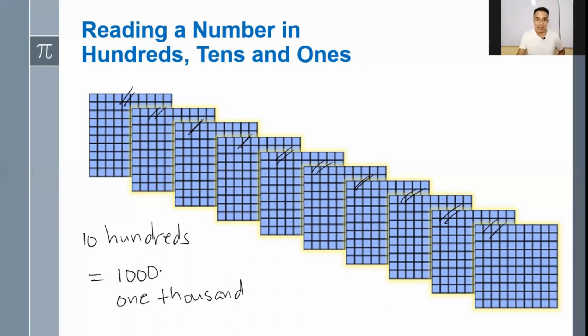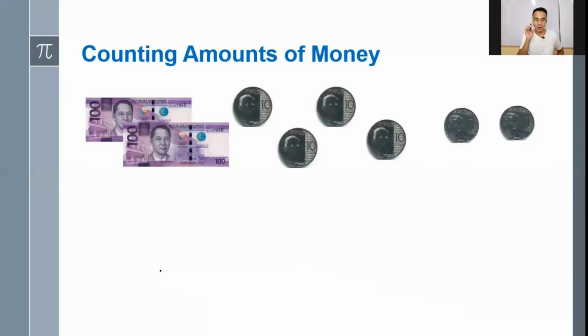So let's see if you know how to count money. So we have here 100, we have here 10, we have here 1 peso. So the 100 peso bill is the same as our 100 block.